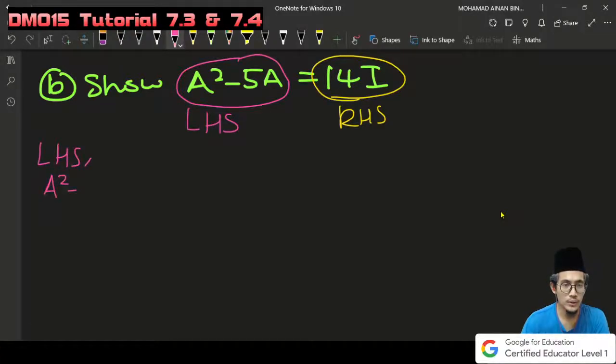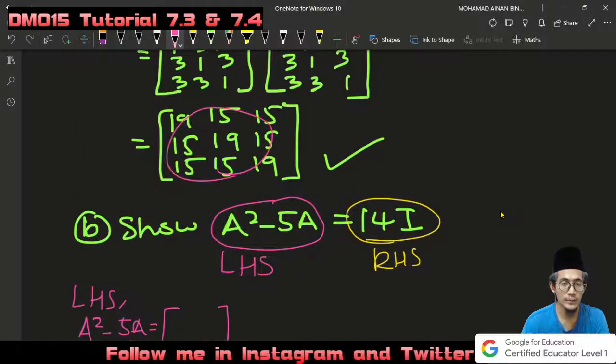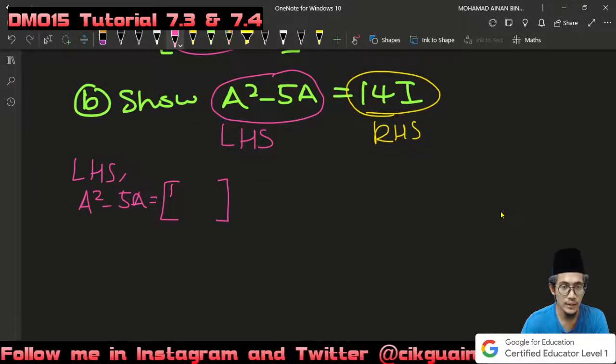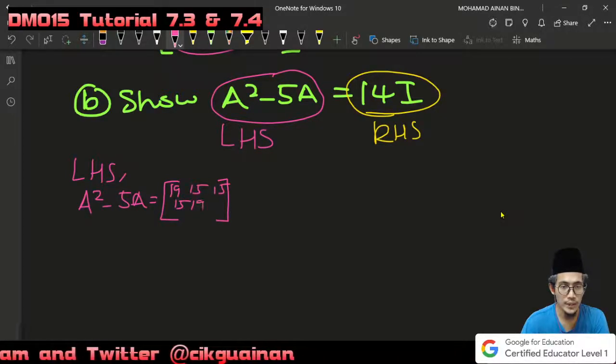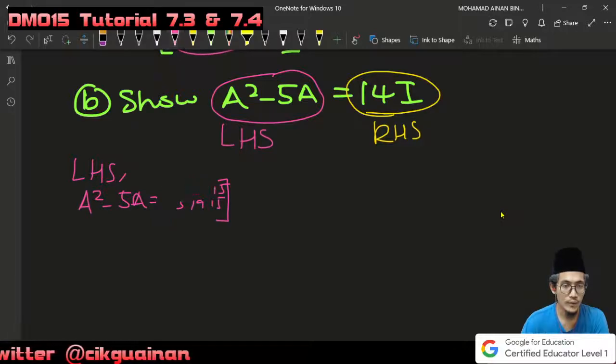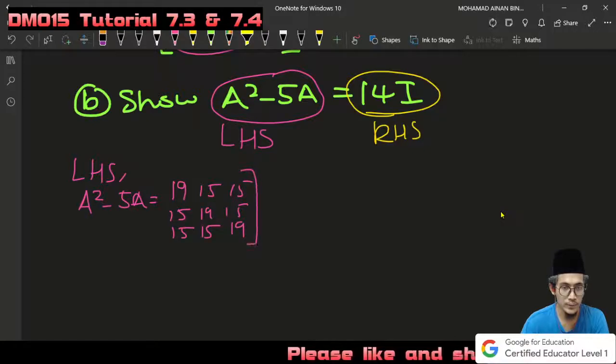Ni left hand side, apa dia? A kuasa 2 tolak 5A sama dengan A kuasa 2. Tadi kau tak payahlah kira balik. Kau ambil je lah nombor yang dah dapat ni tadi. Pakai je, recycle je. So 19, 15, 15, 15, 19, 15, 15, 15, 19. Okay, lepas tu close down.